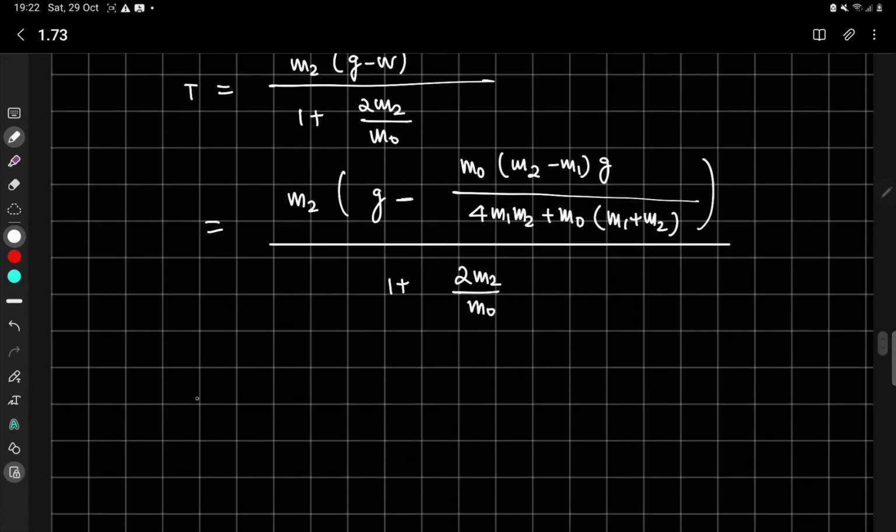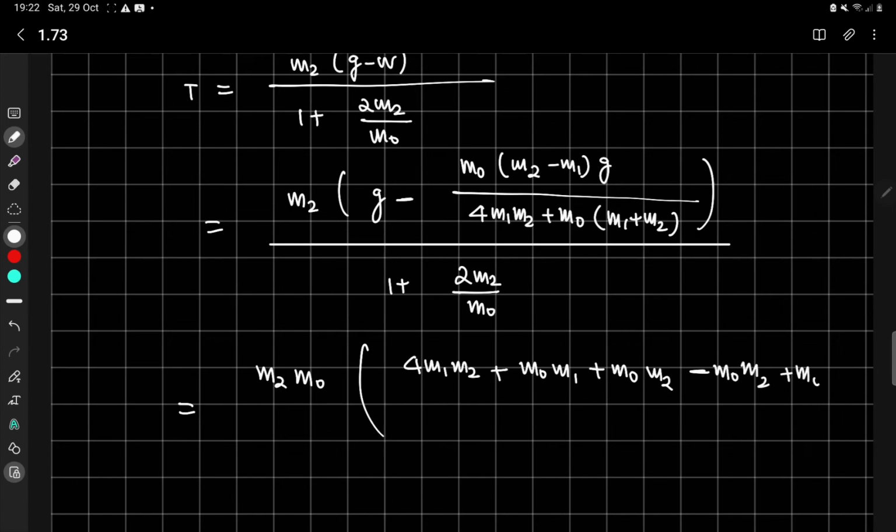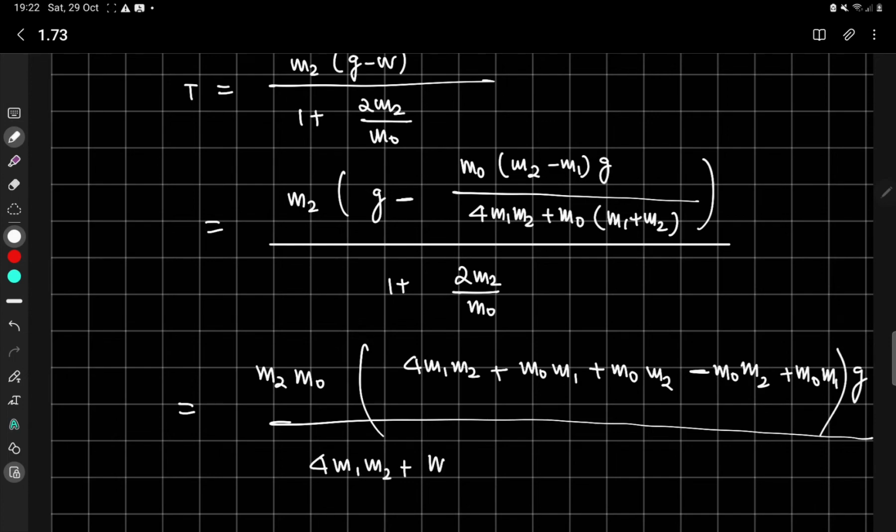Okay, so we can simplify here: m2 times m naught times (4 m1 m2 plus m naught m1 plus m naught m2 minus m naught m2 plus m naught m1) whole times g whole divided by (4 m1 m2 plus m naught times (m1 plus m2)) whole times (m naught plus 2 m2).